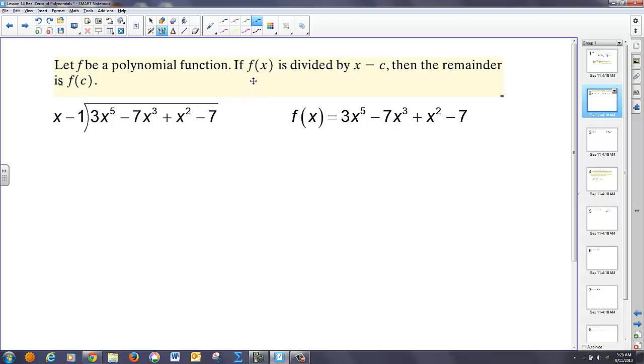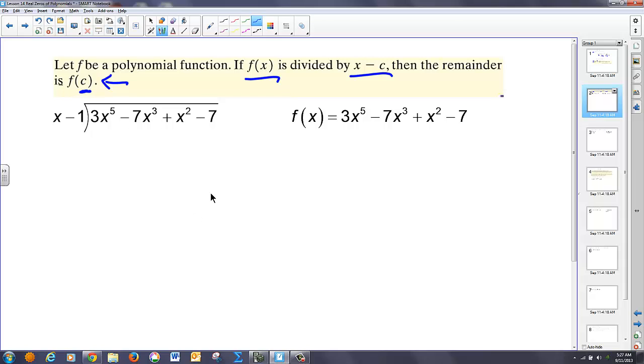If you were to divide that function by some binomial in the form x minus c, the remainder is actually going to be the value of the function at that c term.